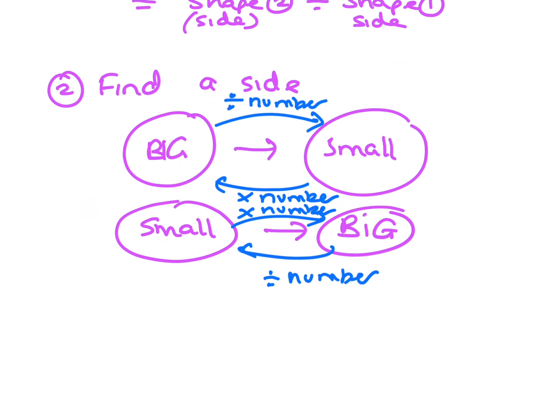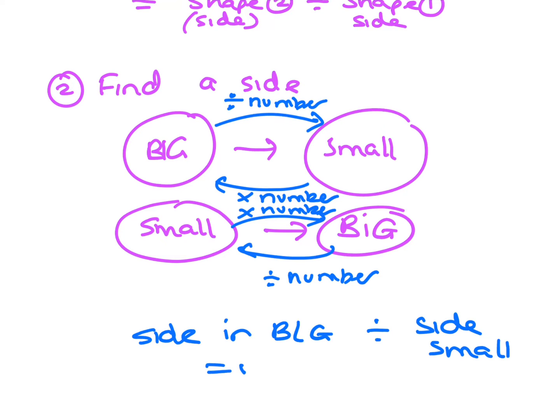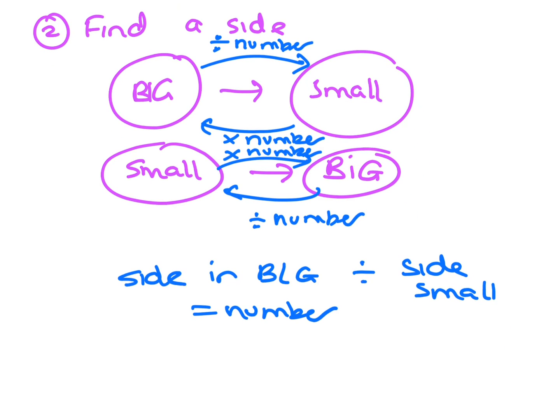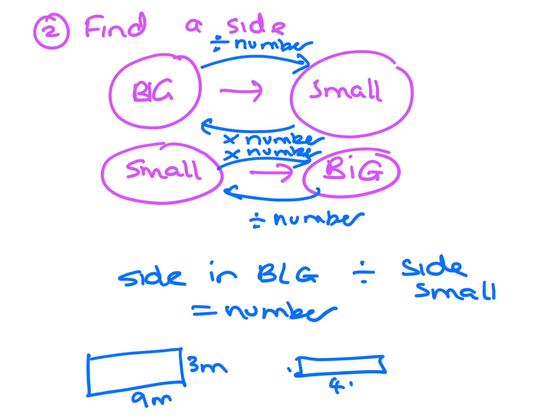Okay, so to get that actual number, you just need to get a side in the big one and divide it by a side in the small one, and that way you will get what the number is that you multiply to enlarge or shrink it. Okay, so if we look at, say, a square, this one here again, you got 9 and you got 3, and then it gets shrunk to 4.5 and x.